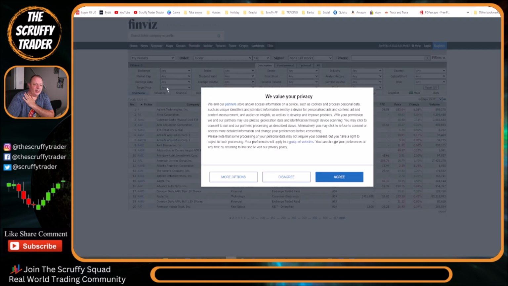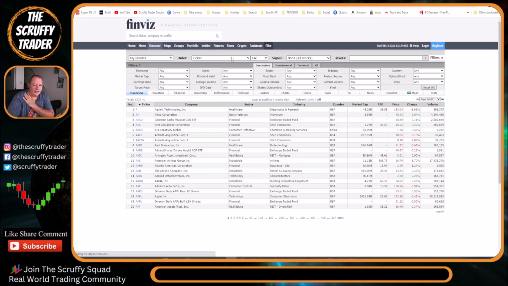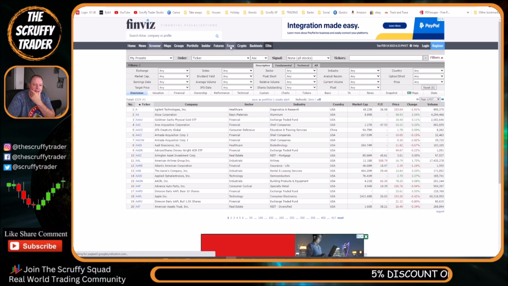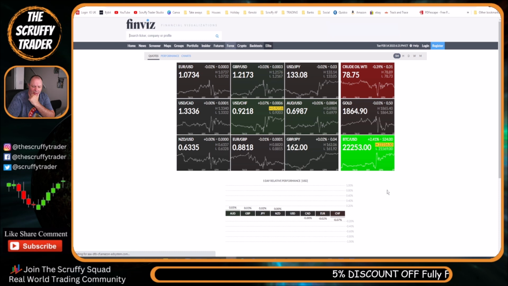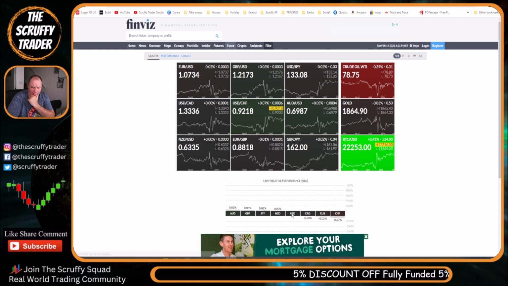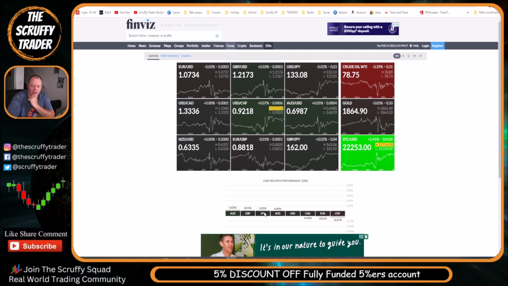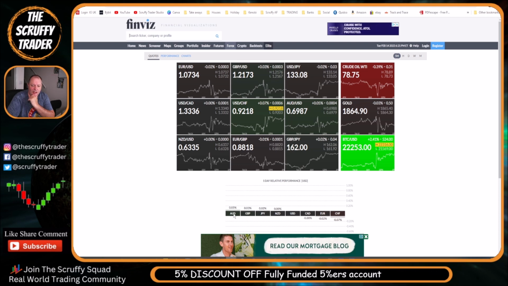Trading stock screener. Get rid of that. I want Forex. There we go. Right. Where's the US? So US is at the lower end. Japs high and the Aussies higher.